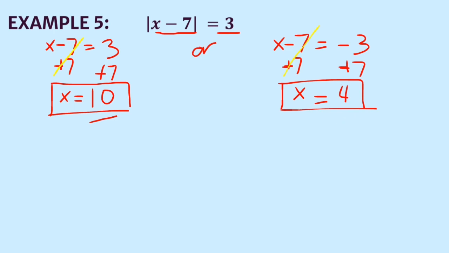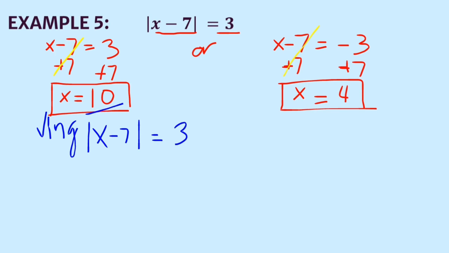Okay? Let's do some checking. So, checking. And by doing the checking, we have to copy the original equation: the absolute value of x minus 7 is equal to 3. And let's substitute this 10 to the x in the original equation. This is 10 minus 7 is equal to 3.